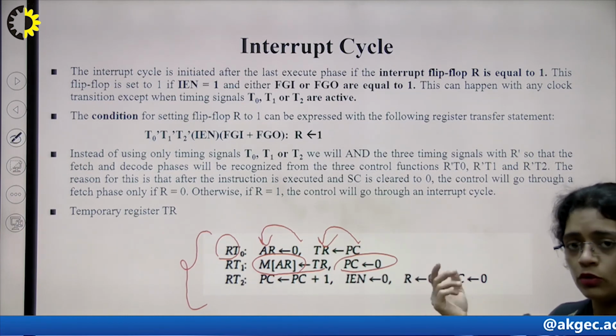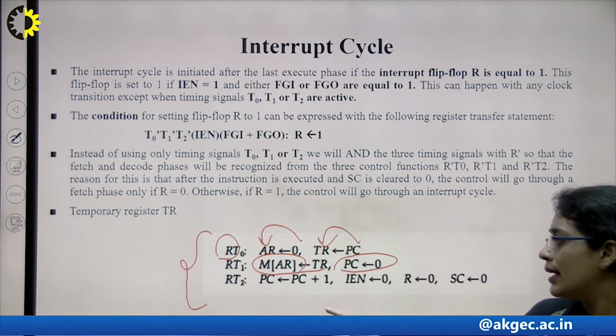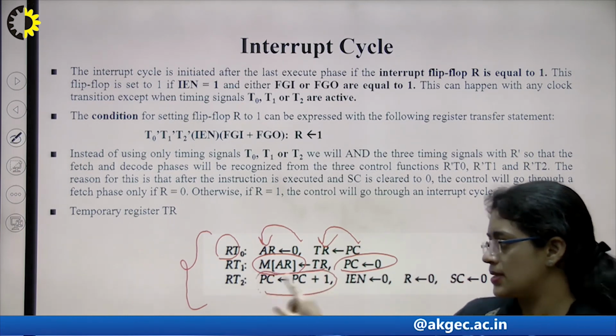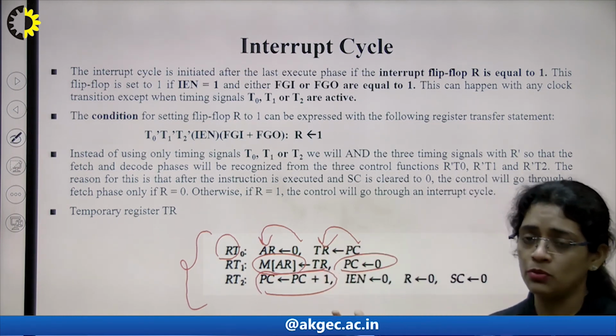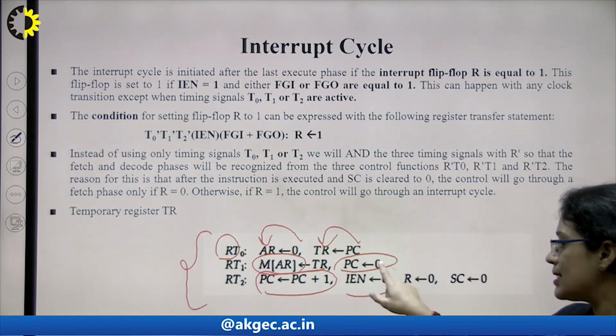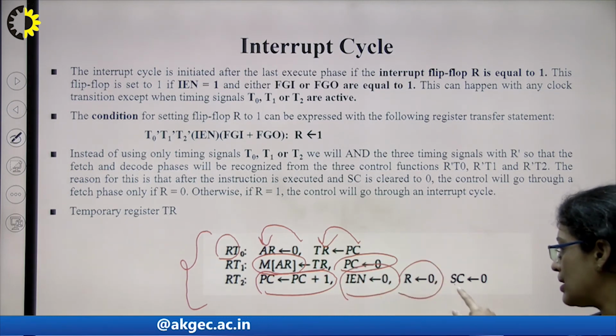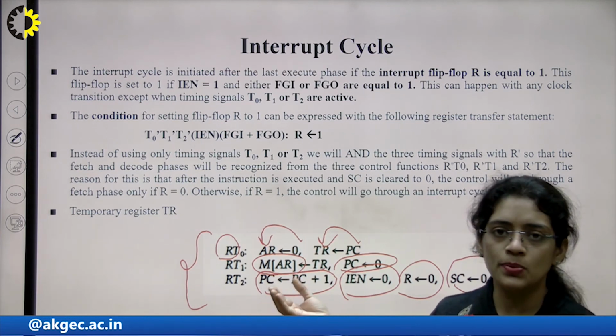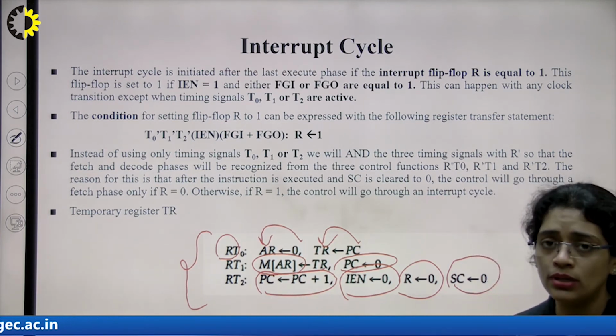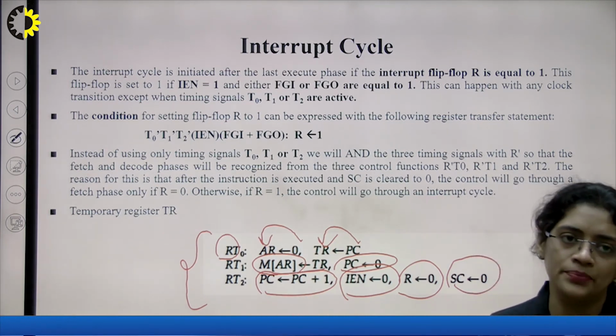So this will move PC to 0, right? And then PC is being incremented, because at address 1 we will get the input output instruction, and then just set IEN, R and SC to 0. So these are the exact micro operations being executed in the interrupt cycle.